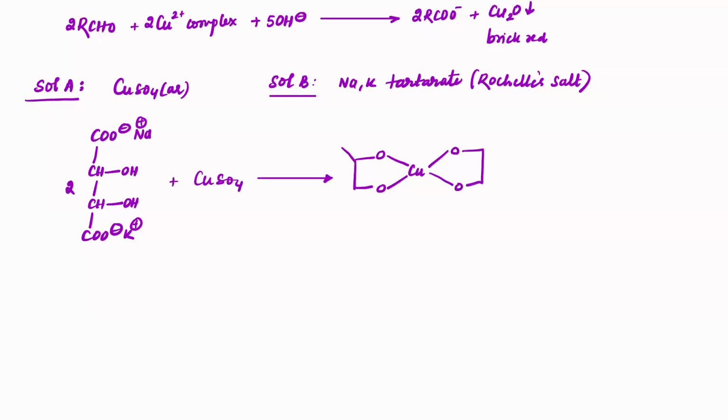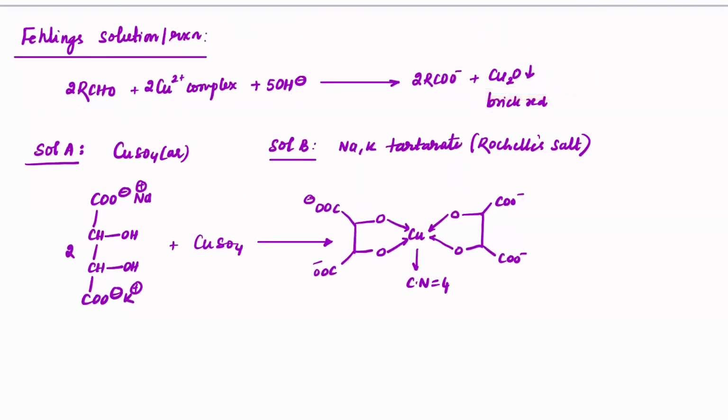These are the same oxygens which are connected on the tartaric acid. You get CO minus and CO minus and CO minus. So you can notice that copper will get a coordination number of 4 here. It is this complex which reacts with this aldehyde to eventually convert into Cu2O, a brick red precipitate.